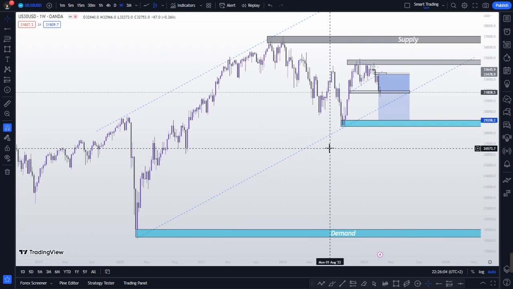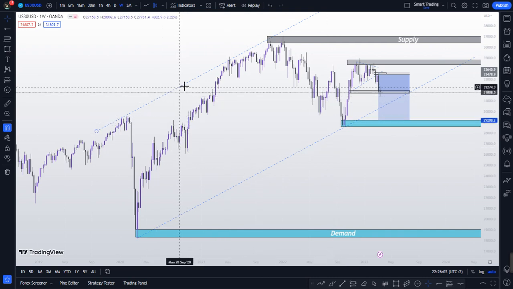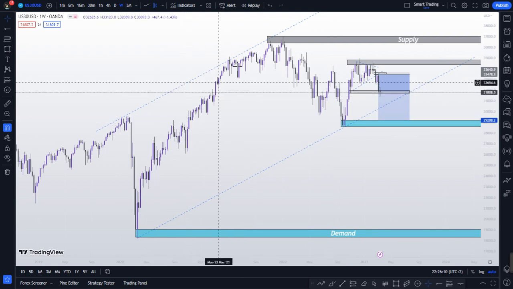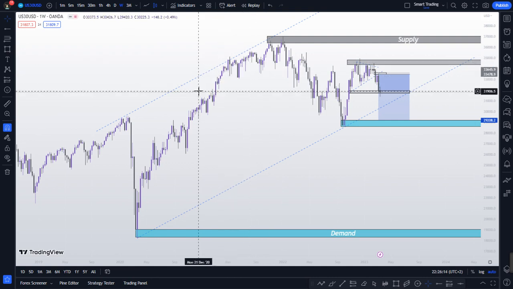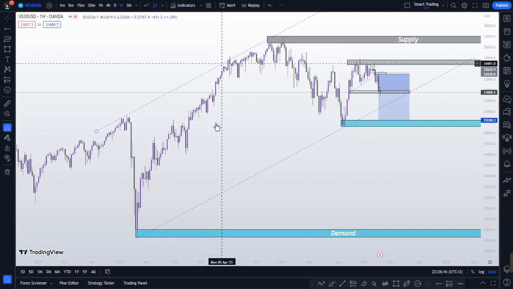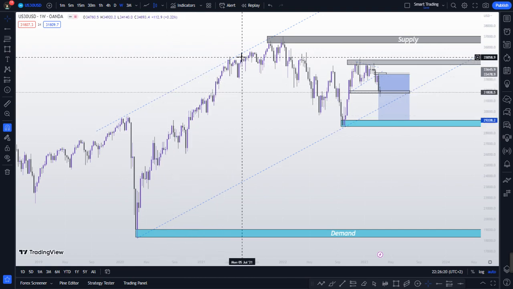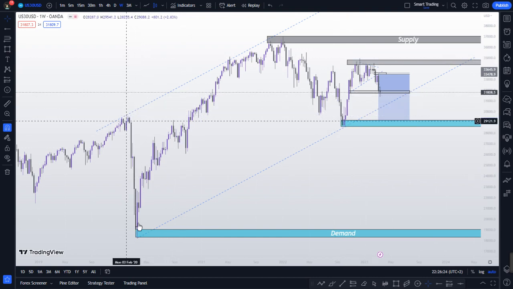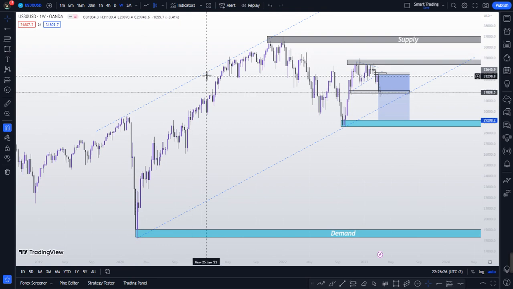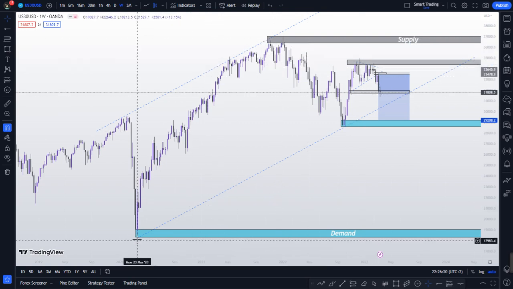A trend line on top of the price is a resistance trend line, a supply trend line, a high trend line. Remember, at the high we sell, at the low we buy. At resistance we sell, at support we buy. At supply we sell, at demand we buy.